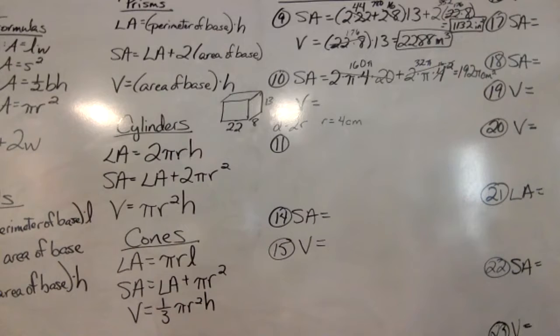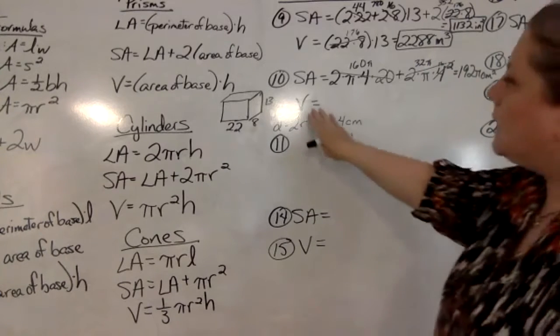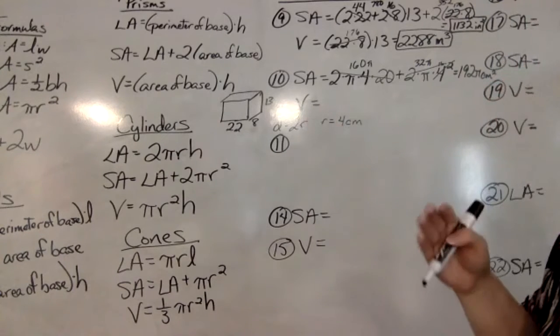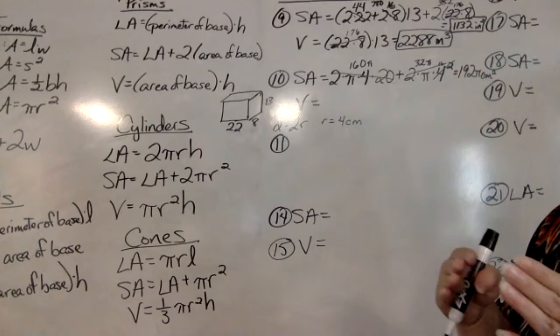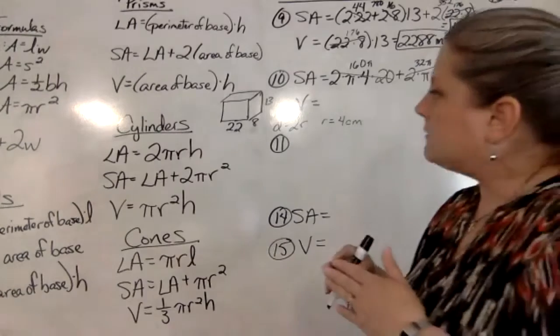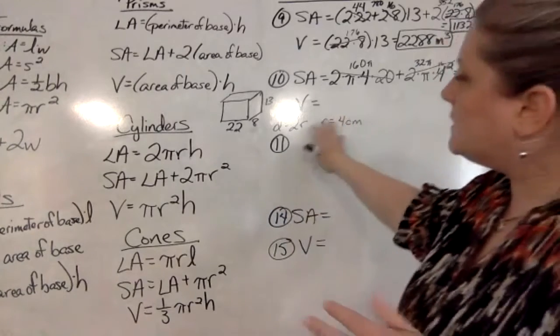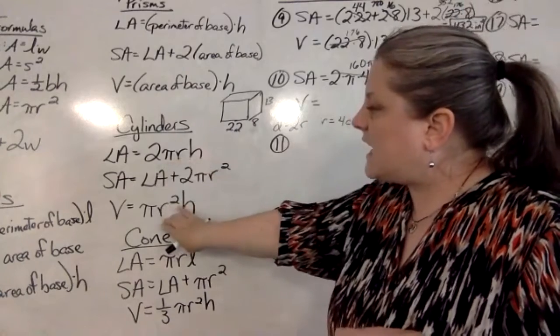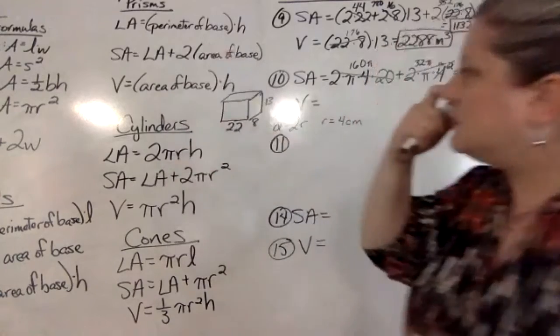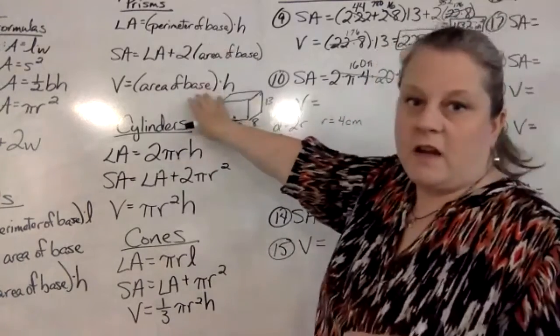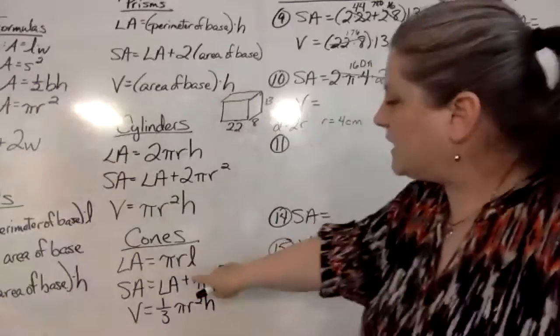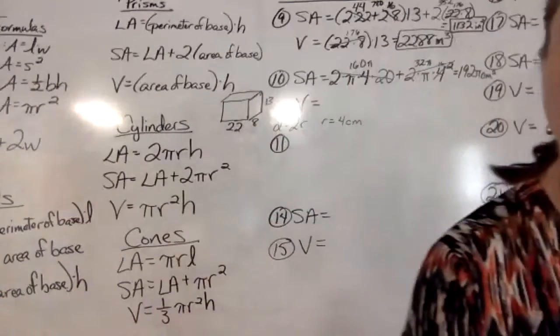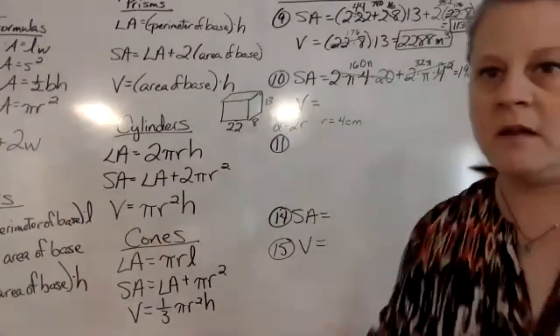Okay? Now, for my volume, it's your volume is the area of the base times the height. For all of them, area of the base times height. But the area of my base is a circle, right? And the base is a circle.